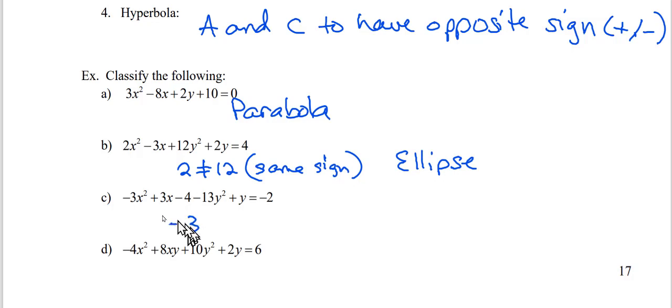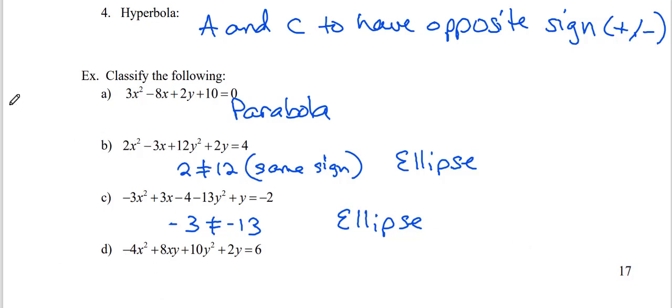This is the same. The -3 and the -13. I'm looking at the coefficients on x squared and y squared. That's still an ellipse. We would just have to divide both sides of this by -1 to make them both positive.